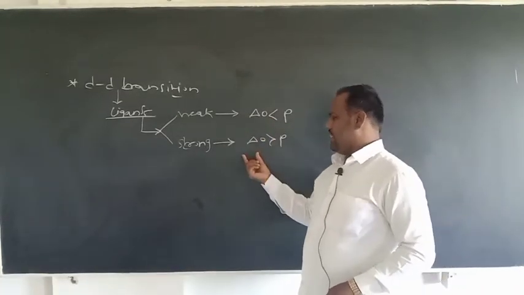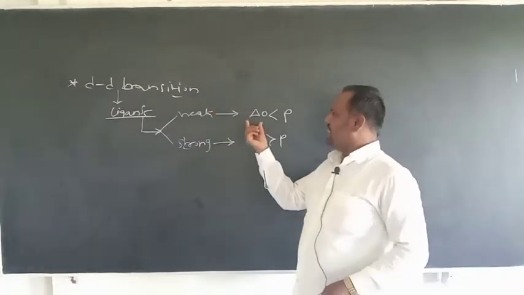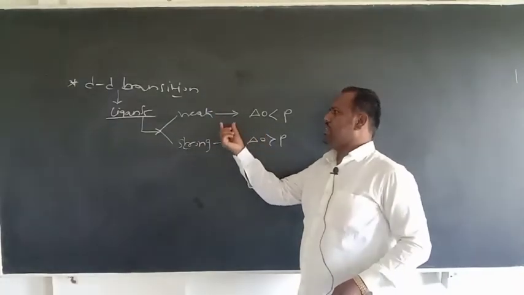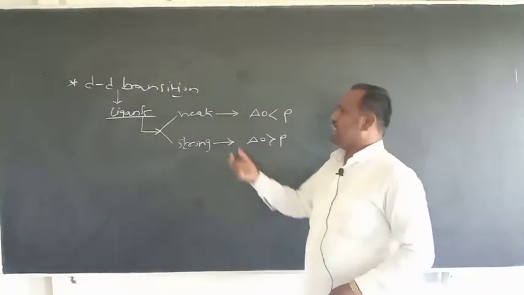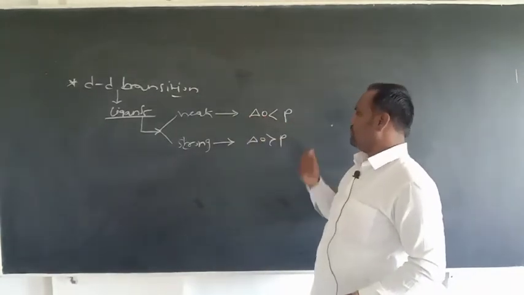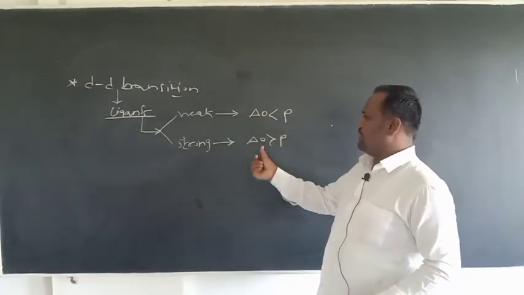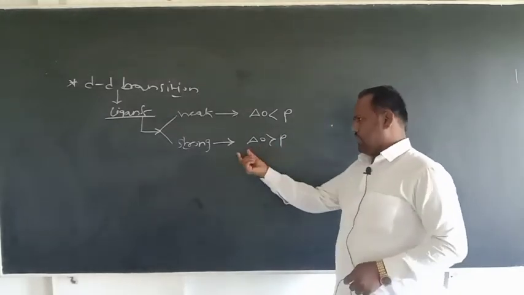This is the energy difference between the T2g and Eg orbitals after splitting in the presence of ligand. So delta octahedral is less compared to the pairing energy, and it is more in the case of a strong field ligand.